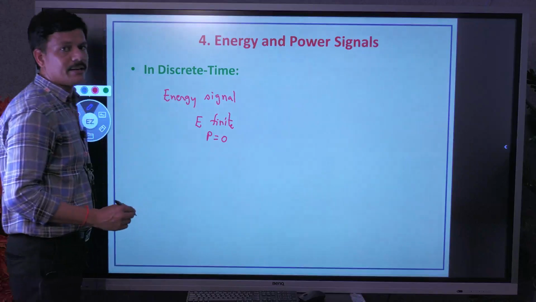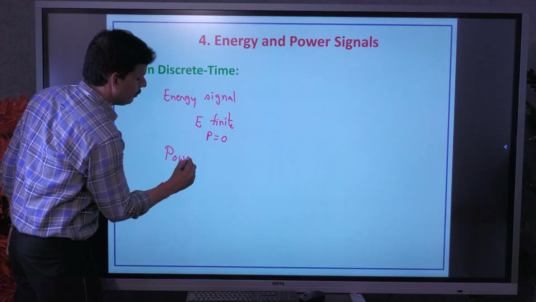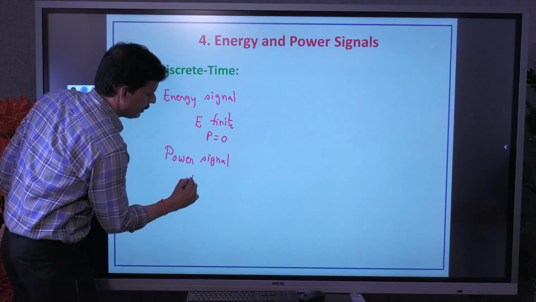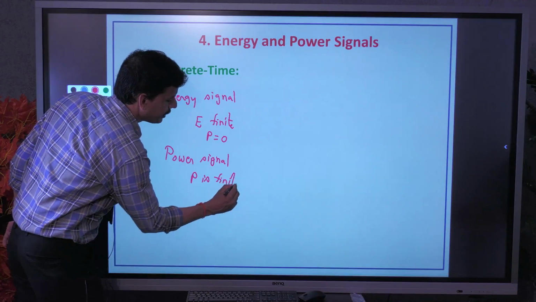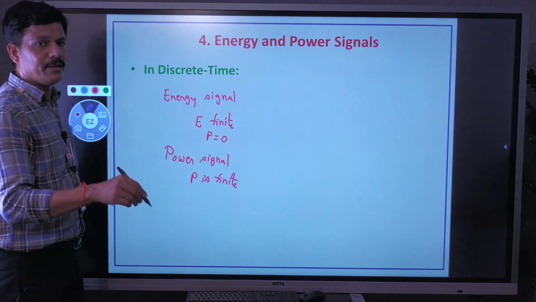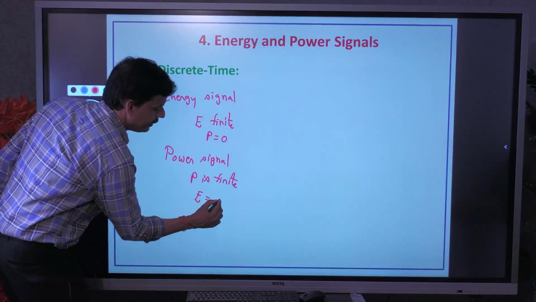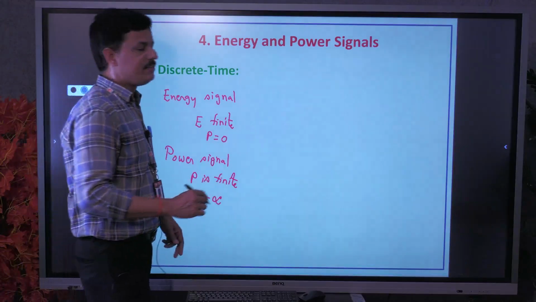Similarly for a power signal, P should be finite, and then we can confirm that it is a power signal. For the same signal, if you calculate the total energy E, it will be infinity. The notation will be changed.